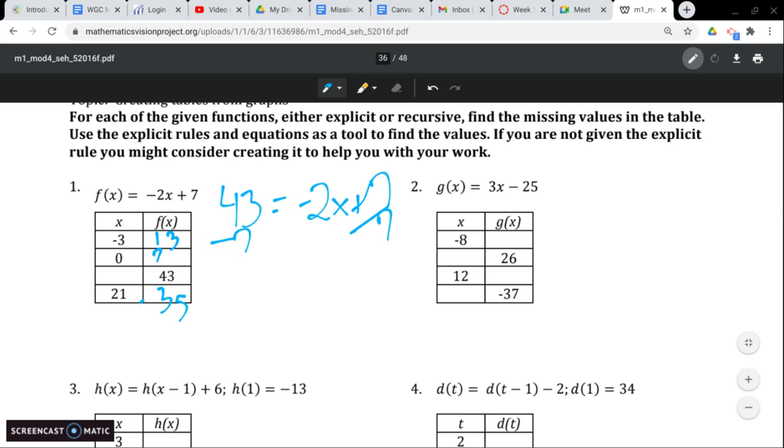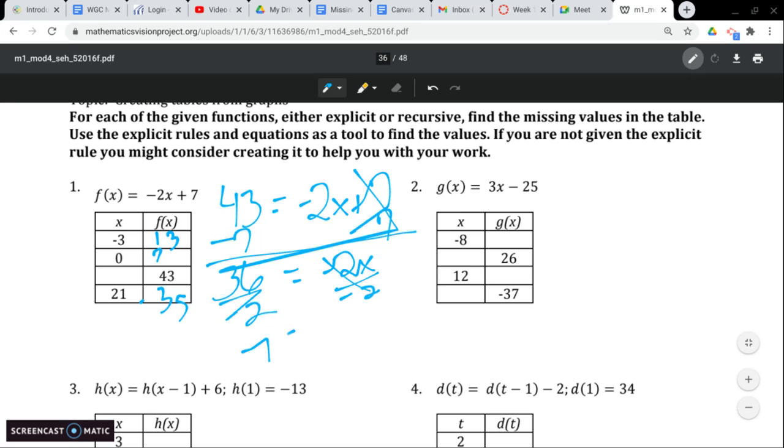We subtract the 7. 43 minus 7 gives us 36 equals negative 2x. We divide by negative 2. 36 divided by negative 2 is negative 18. So our x value is negative 18.